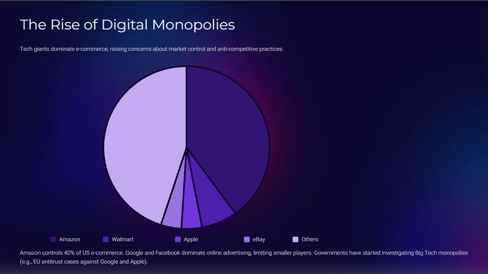This concentration of power in the hands of a few giants raises concerns about market control and anti-competitive practices. Governments have started talking about taking action, with the EU launching antitrust cases against companies like Google and Apple. The growing influence of these digital monopolies is a trend that warrants close monitoring and potential regulatory intervention.